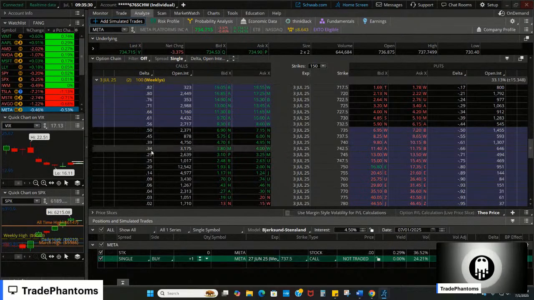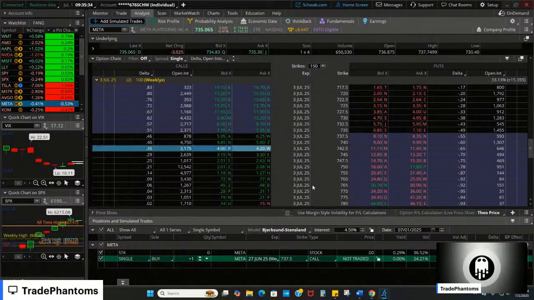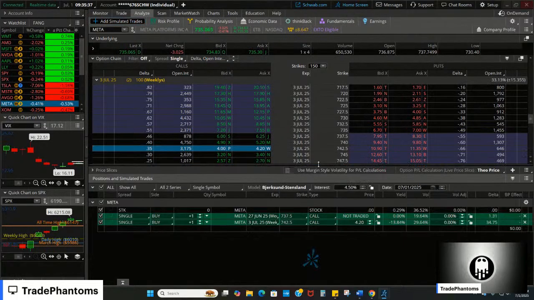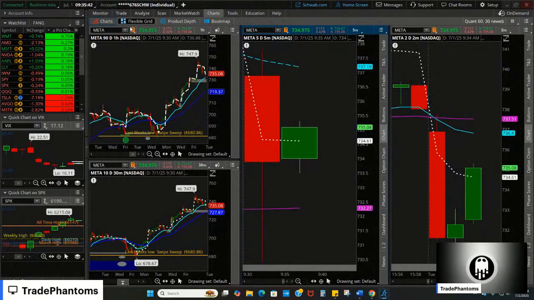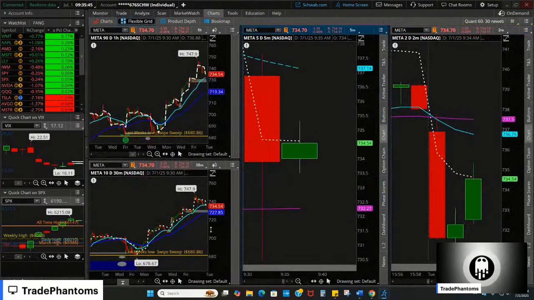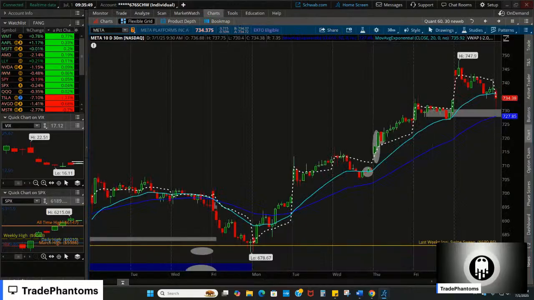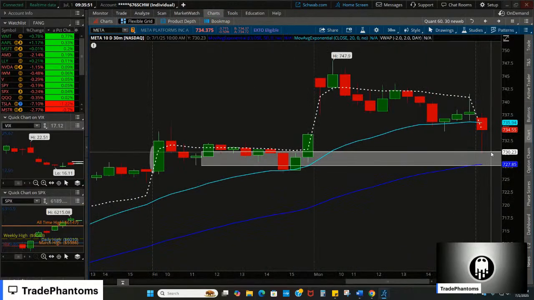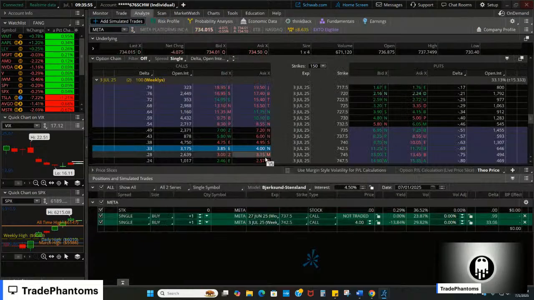If you want to maybe pick up a 30 delta, give or take, 745 or a 742 and a half Meta long call. It's already hit the level here. It's on its VWAP. Let me see.